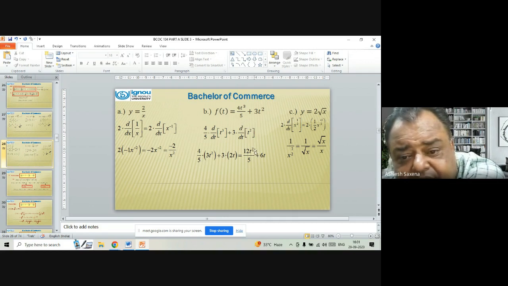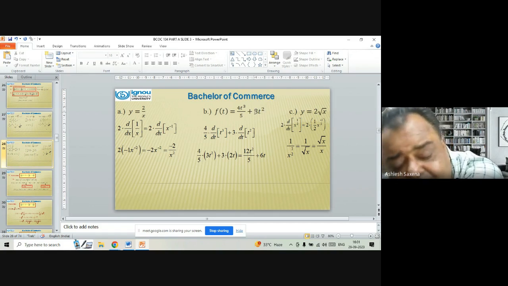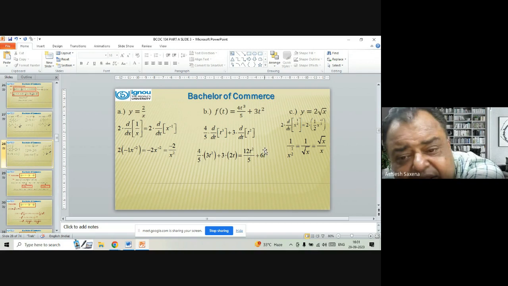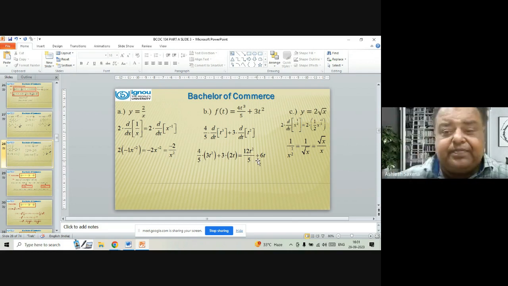You see, 12t squared by 5 plus, multiply 3 by 2, 6, and reduce power 2 by 1. So it will be 6t. That means you can see your answer over here. 12t squared by 5 plus 6t.